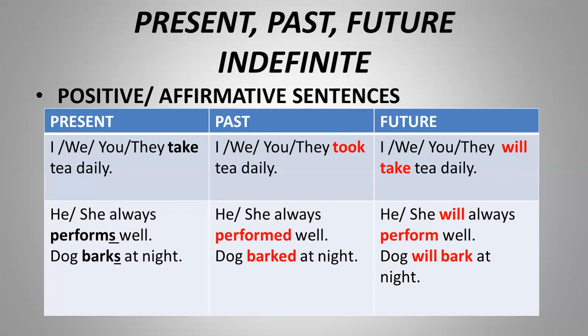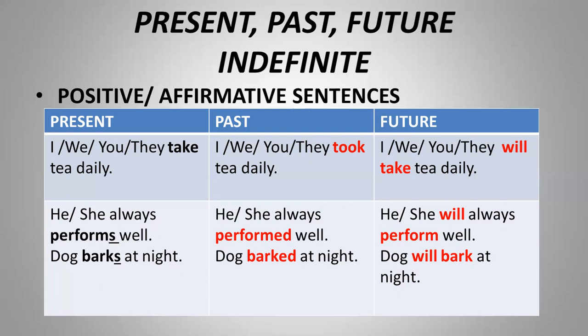So when we move from present indefinite to past indefinite, there's only one shift, and that is the change in the verb form, from present verb form to past verb form. So the example, I took tea daily, they took tea daily, and same is what happens in the other sentences with third person singular. He performed well, dog barked at night.